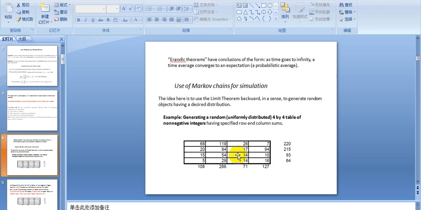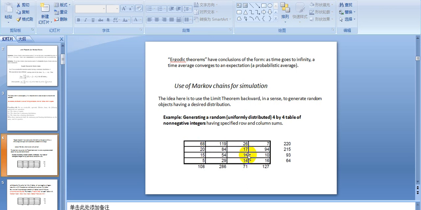You can imagine there are a lot of 4x4 tables satisfying this condition. Because the column summations and the row summations are fixed, the qualified 4x4 tables are actually finite.